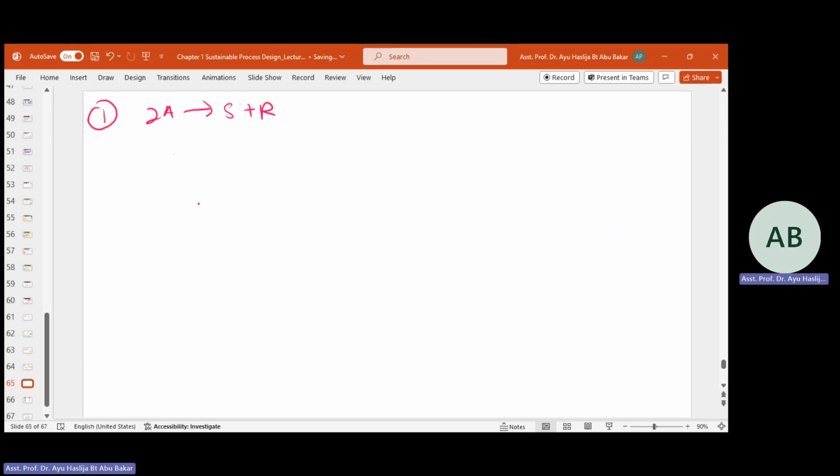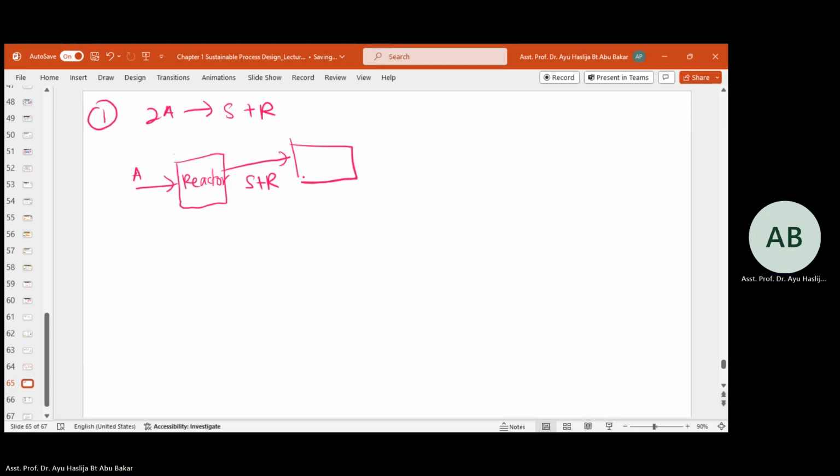Now here your feed is only A. So the reactor takes feed A, then you have product S plus R. We need to separate the S and R, so here you can consider using a distillation column, a simple distillation column. Okay, you already mentioned.